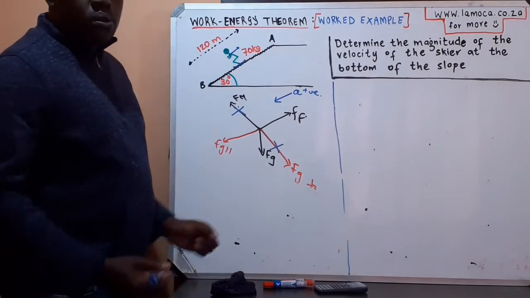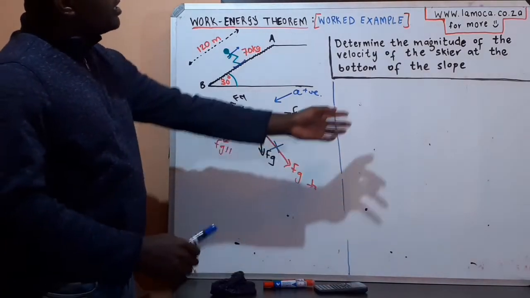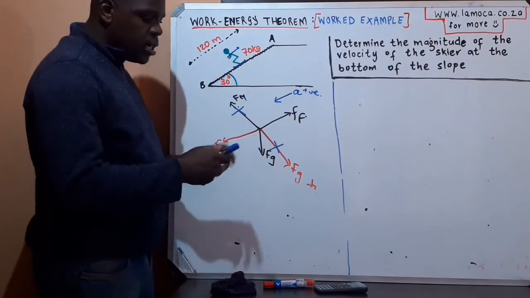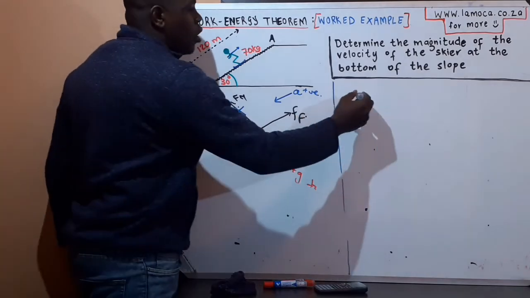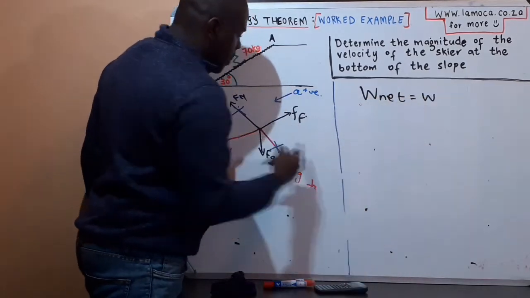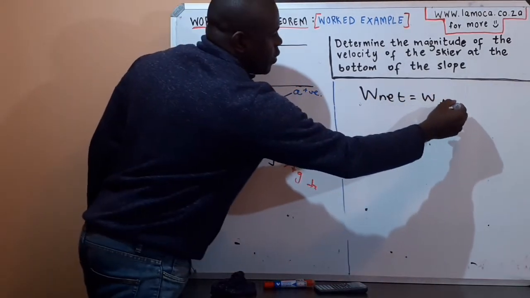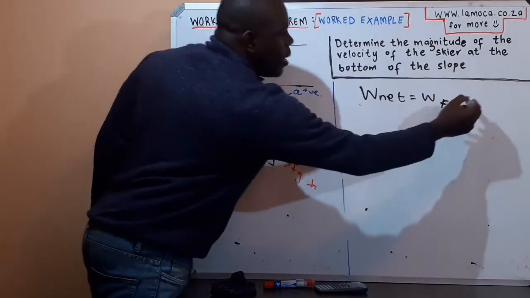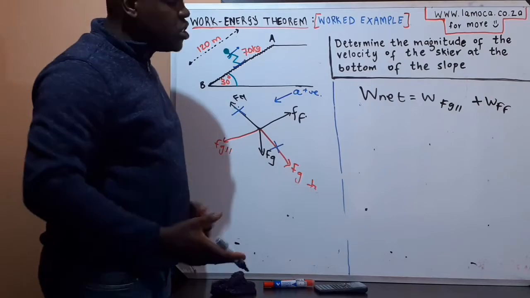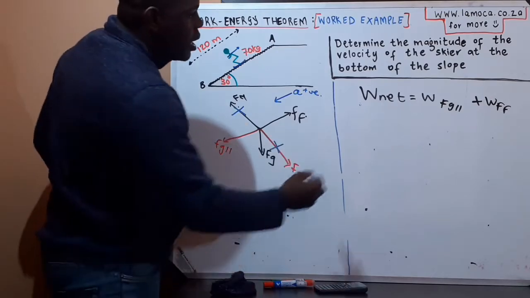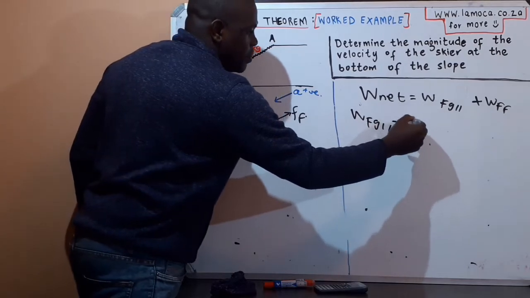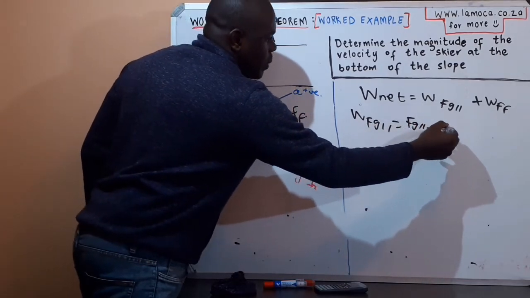So that's how to compute it. Now let's look at how we could have done it differently. Remember, to find the net work, you could also say the work net is the work done by the force of gravity parallel to the incline plus the work done by frictional force, as opposed to the one we just did whereby you found the net force. The work done by FG parallel is FG parallel times the displacement.